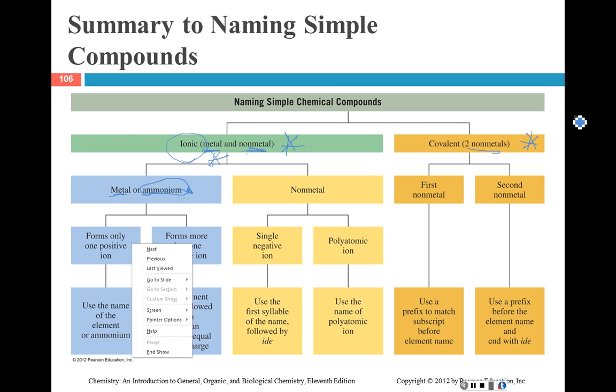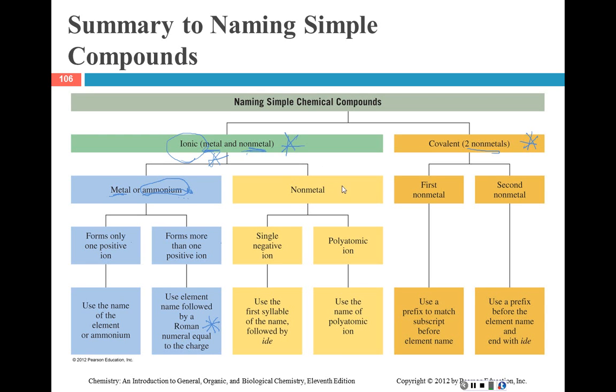And you use the name of that element as the first name. Then if it forms more than 1 positive ion, you have to use those Roman numerals, okay? In nonmetals, you have a single negative ion or a polyatomic ion. If you have a single negative ion, you use the first syllable of the name and use IDE at the end. If it's polyatomic, use the name of the polyatomic ion.